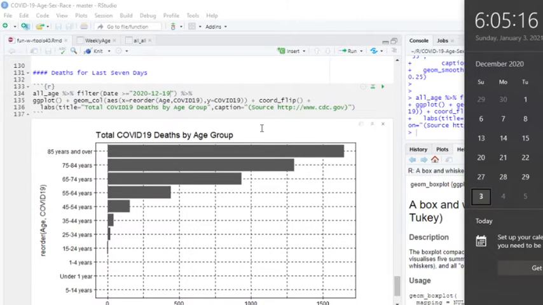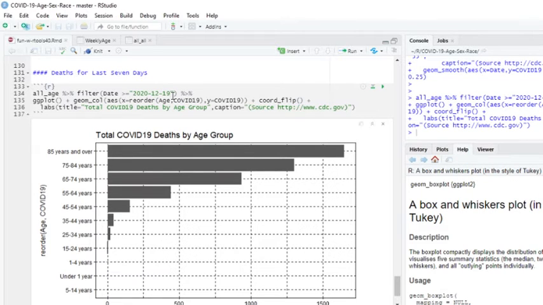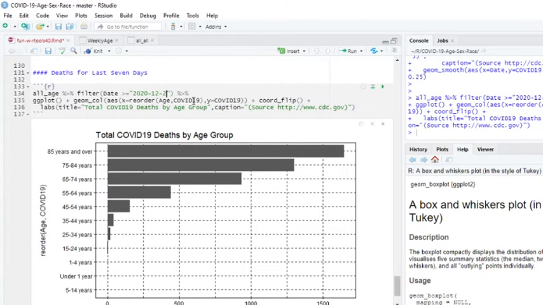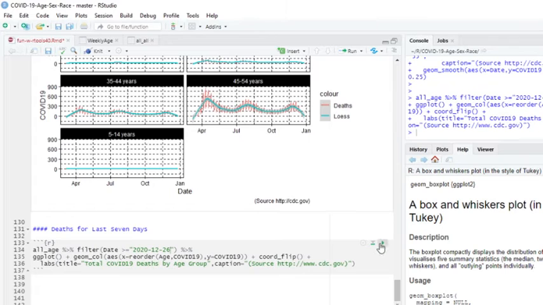So this would be 19 to 26, because we only want to look at the deaths by age group for the last 7 days.